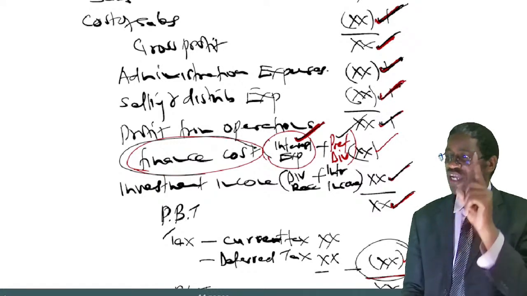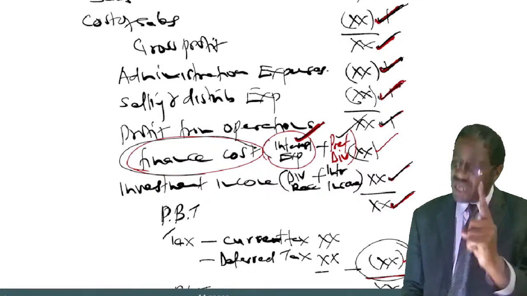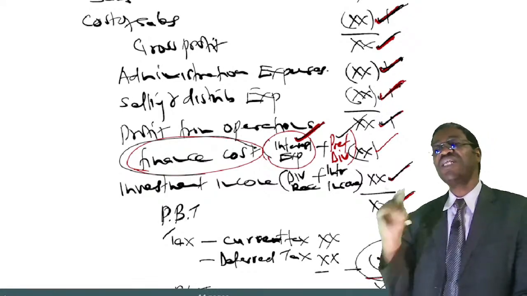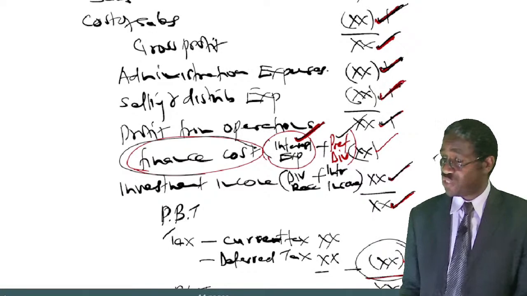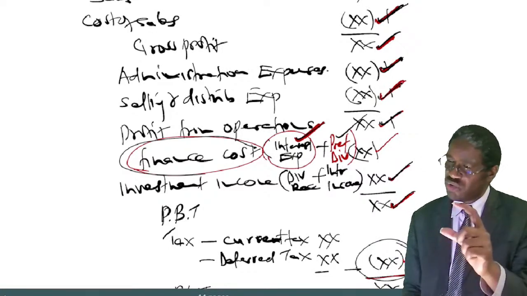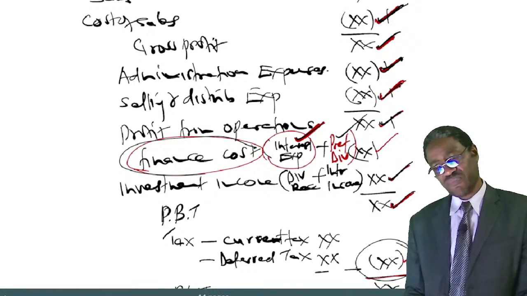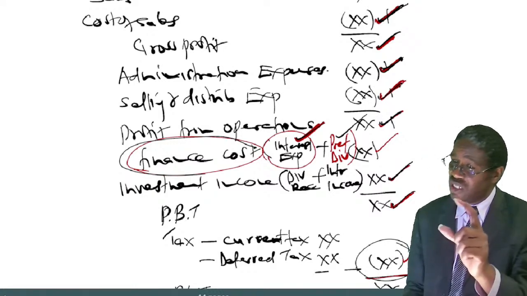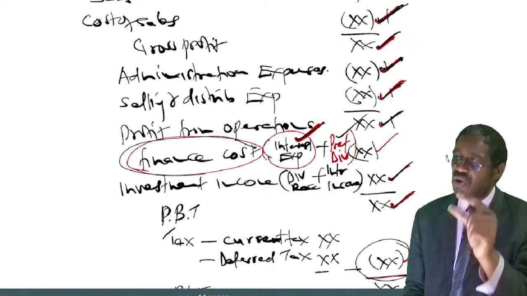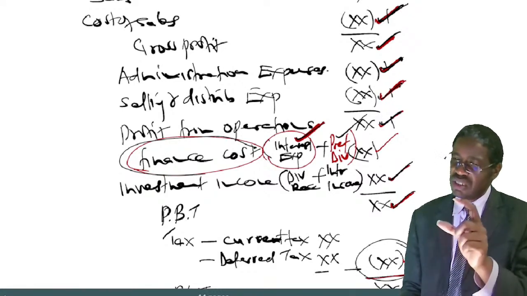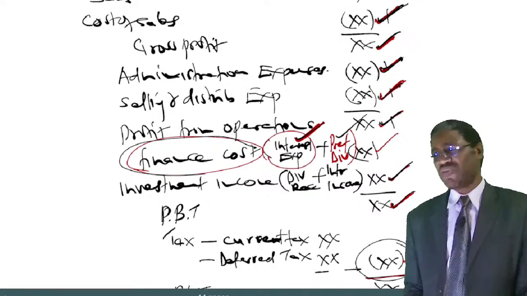Listen, I told you, if your company has paid dividends on non-redeemable preference shares, those ones should be considered as an appropriation of profit. But if your company has paid preference dividends on redeemable preference shares, that we said it should be considered as a finance cost.